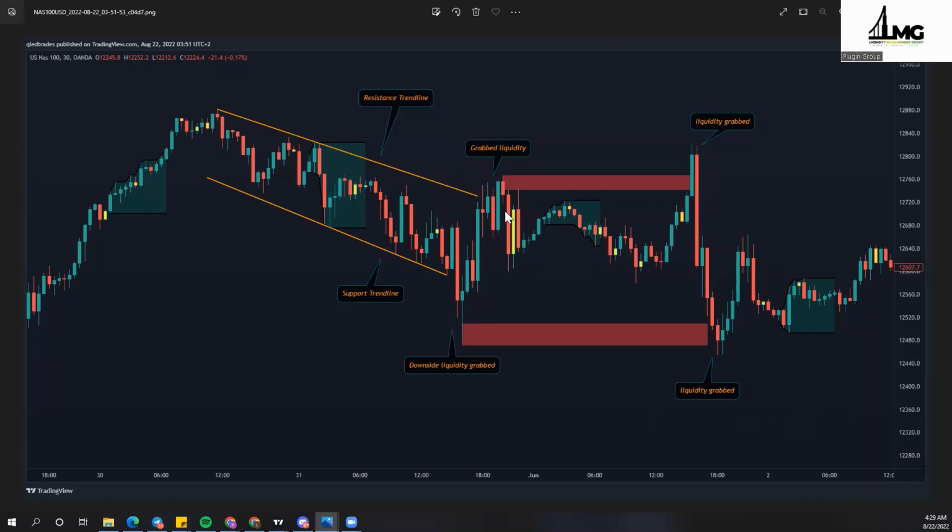At this point, people are confused. What happens? It goes into some form of range, because people expect price to break here and look for the retest. Price forms this high and this low. Price comes and grabs liquidity above this high, and then grabs liquidity below this low. Eventually, it pushes to the upside, right?